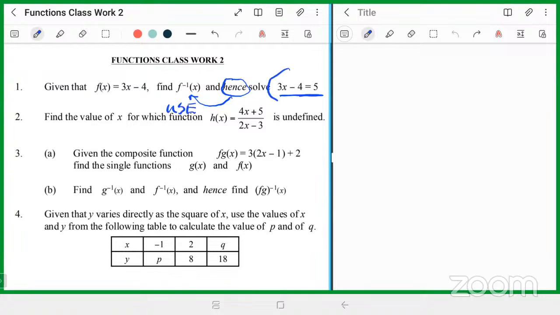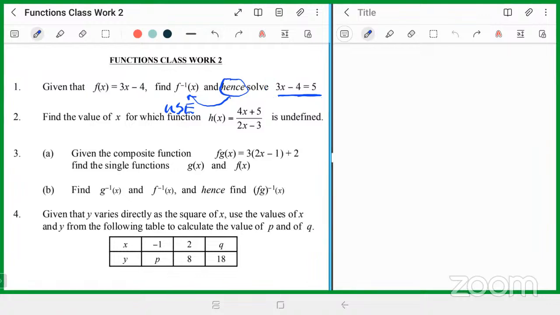So even though this is a very simple equation that can be solved straightforward, right? They don't want to just solve this straightforward. They want to use the inverse function to solve it.